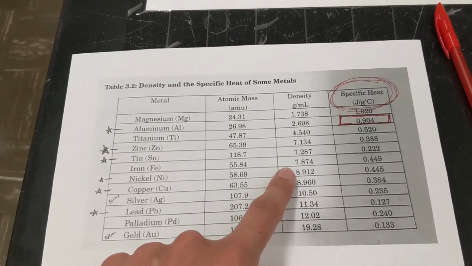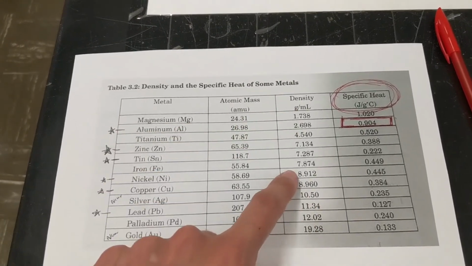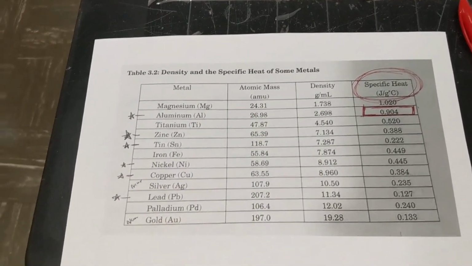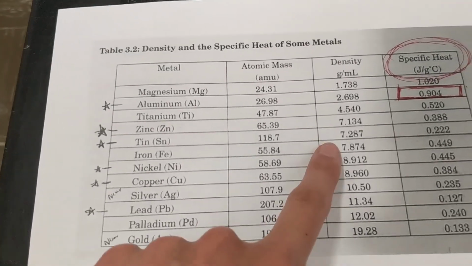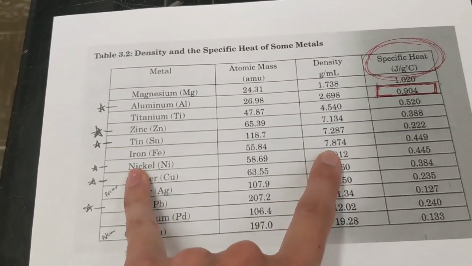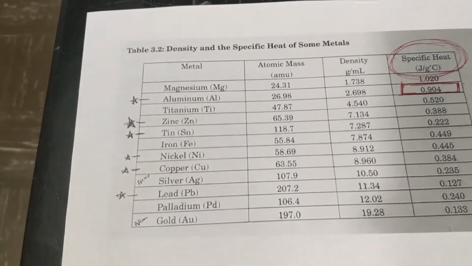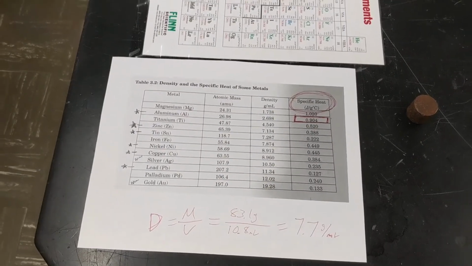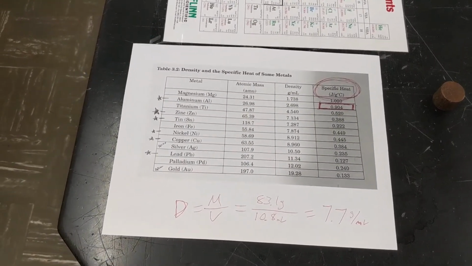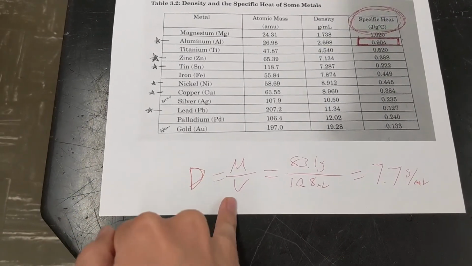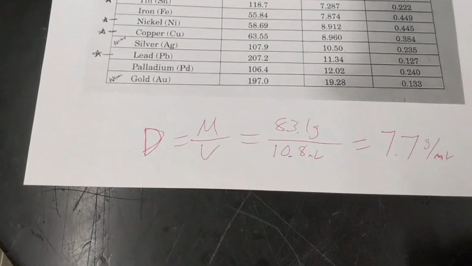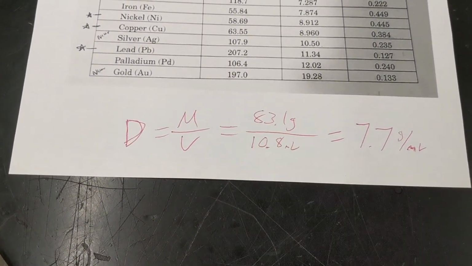And you know what? Might as well do that right now. Let's figure out what it is. I'm curious. So let's see. We got to take a look at these densities, and we'll calculate that right now. To find density, we need our mass and our volume, and we already have our mass, 83.1 grams.